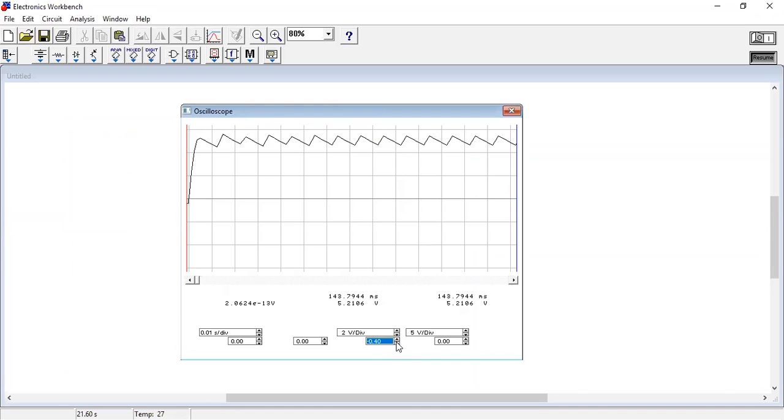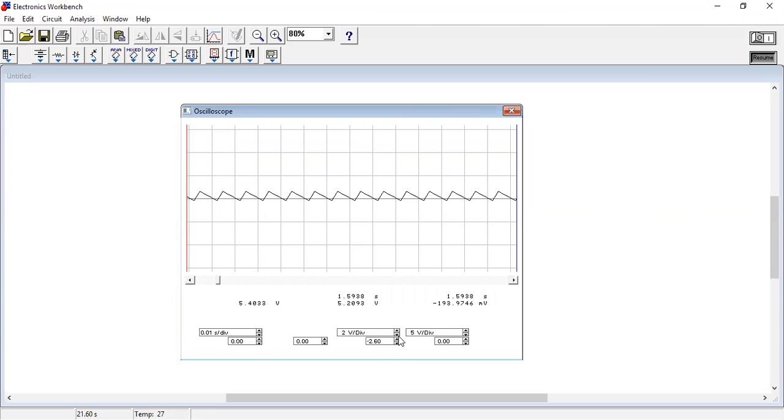If we divide one box into 10 parts, this is 4 parts, so 0.8 volts. Okay, so 0.8 volts for 100 microfarad. So we can change the capacitor's value and find the output values.